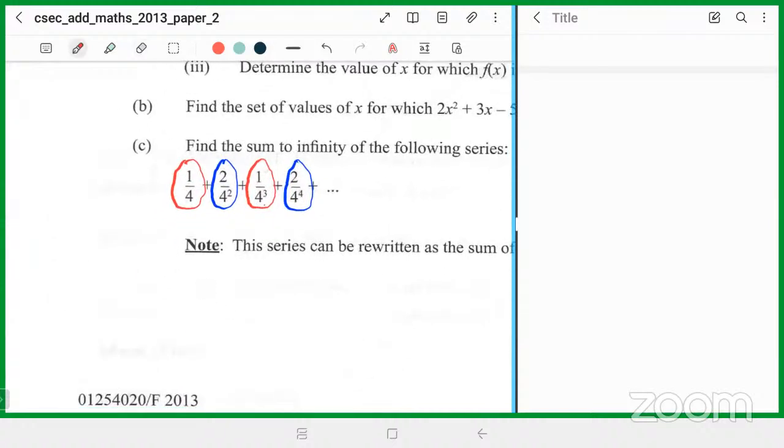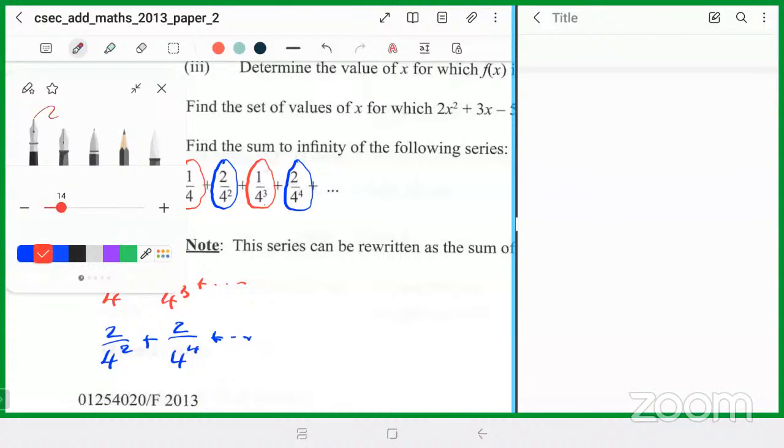The series in red would have been a quarter plus 1/4 cubed and so on, right? And the series in blue would be now 2/4 squared is the first term plus 2/4 to the 4th power and so on.